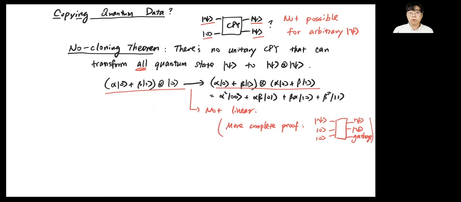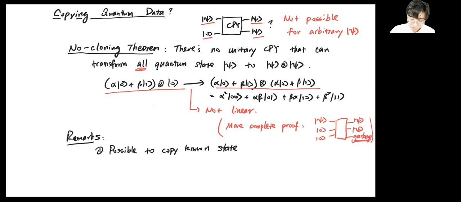A more rigorous complete proof of the no-cloning theorem would require you to also rule out the possibility of doing so, even if you are allowed to produce some irrelevant garbage quantum state as output as well. But I want to make several important remarks here about the no-cloning theorem.